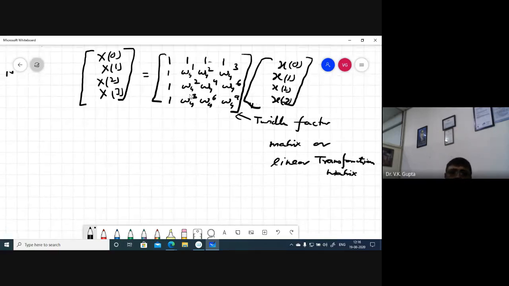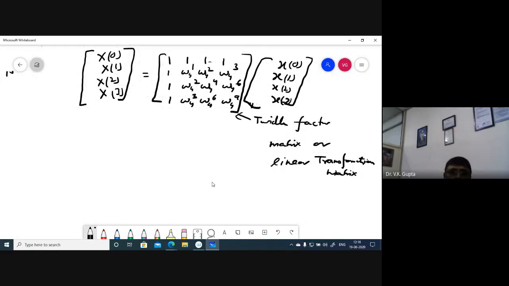What is the value of W41? e to the power minus j 2 pi by 4 into 1, which is e to the power minus j pi by 2. This is cos pi by 2 minus j sin pi by 2.